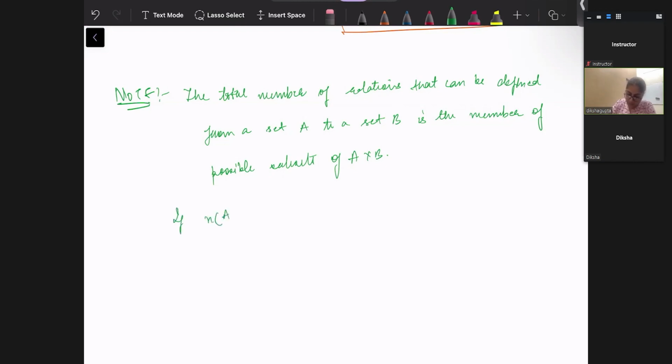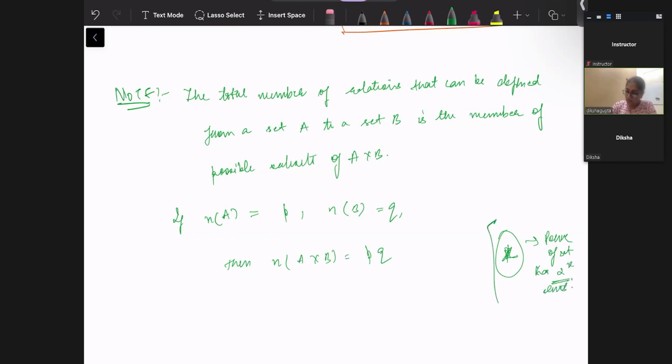And if it is finite, the cardinality of A and B is finite, so n(A) is p and n(B) is q, then we know that n(A cross B) is pq. And if a set has, say, x elements, then the power set of this set has 2 raised to the power x elements, right? I think you have already studied this.